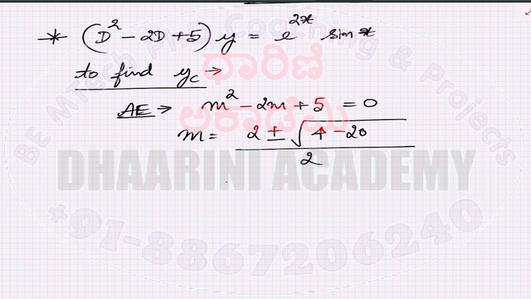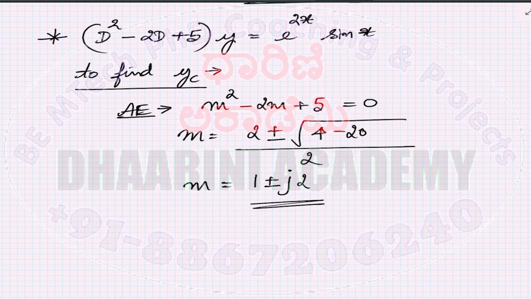So m = 2 and 2 will cancel. This is 1 plus or minus j times root 16. Root 16 is 4, divided by 2 is 2. So 1 plus or minus j2 is the root.